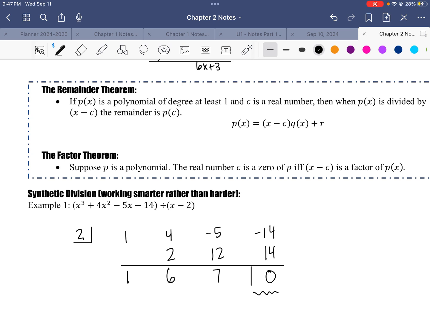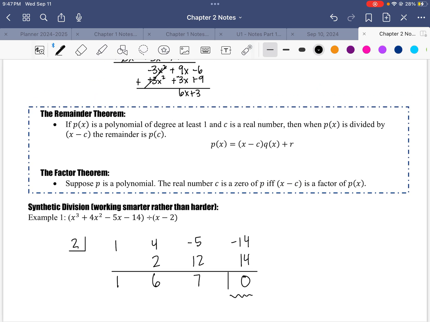Okay? So what we can say with this then is that this becomes an x squared. It's always one less degree than you started with because we did x to the third and divided by an x. So this is going to be an x squared term. This is going to be an x term. This is going to be a constant term. So this is saying x squared plus 6x plus 7.